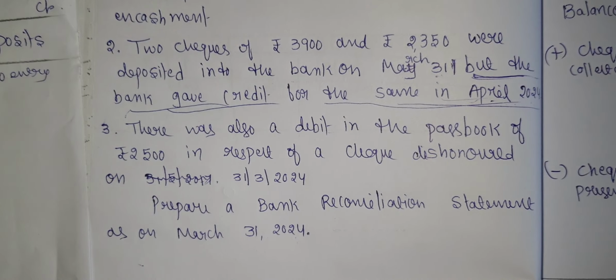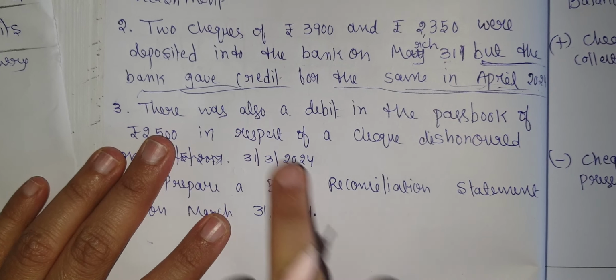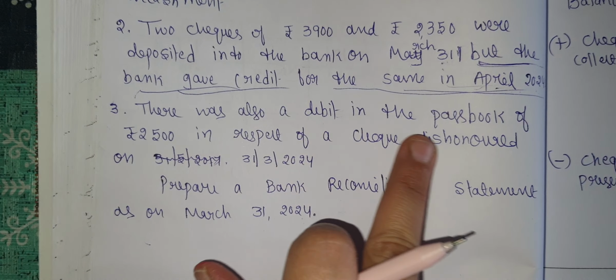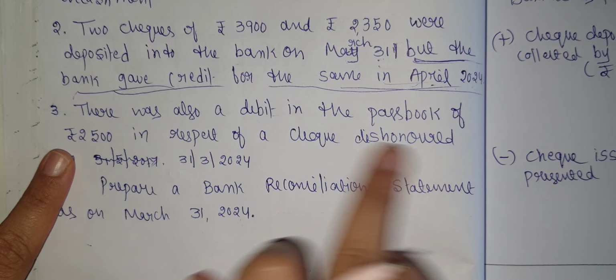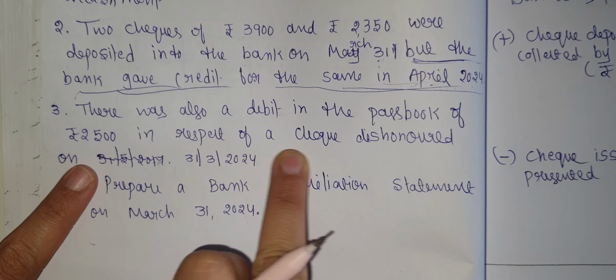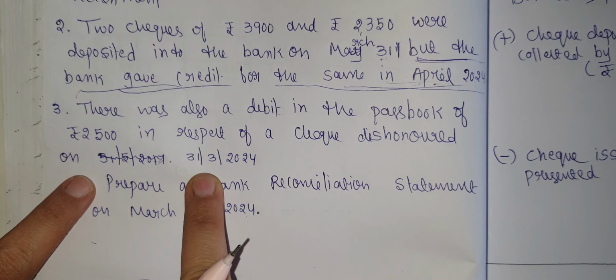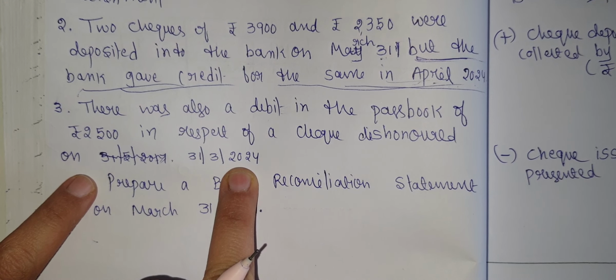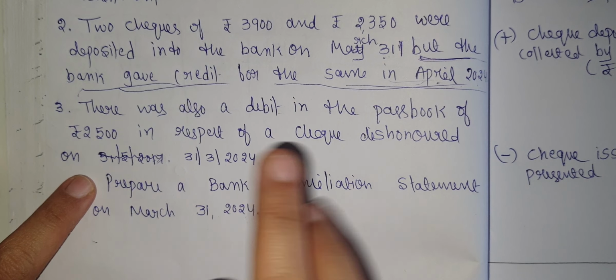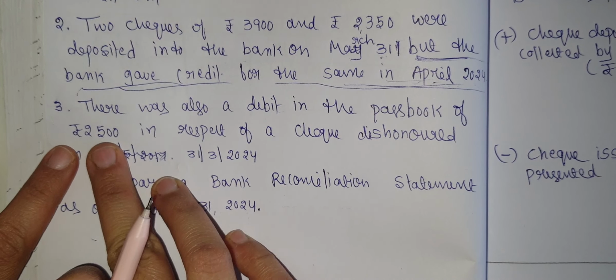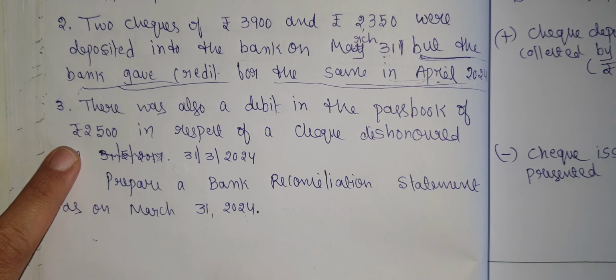Now let's see the third transaction. There was also a debit in the passbook of rupees 2500 in respect of a check dishonored on 31st March 2024. Means debited in the passbook, that is rupees 2500.